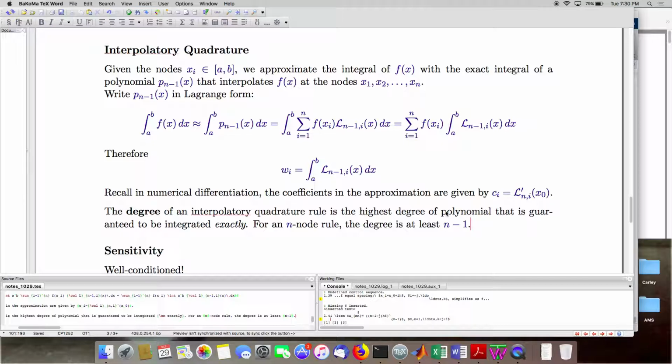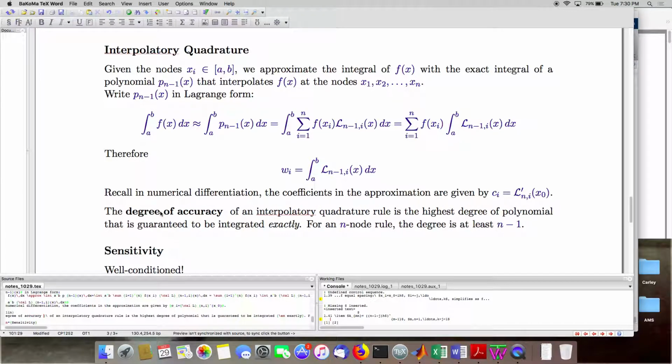So we say that Simpson's rule has degree of accuracy, or simply degree, of 3, because it'll integrate all constants, linear functions, quadratics, and cubics exactly. But if you give it a 4th degree polynomial, in general, it will not be exact.